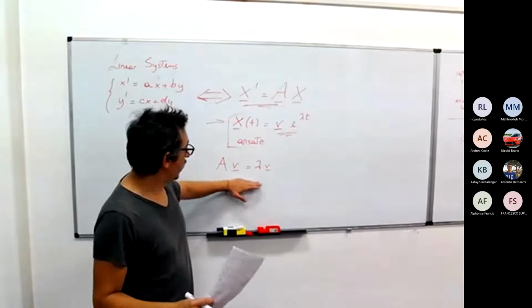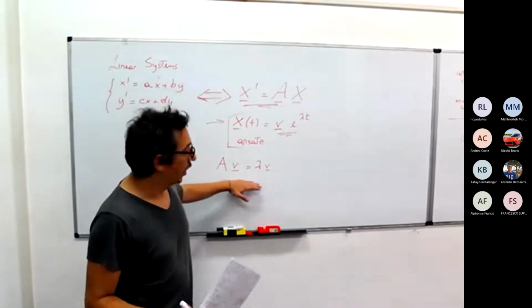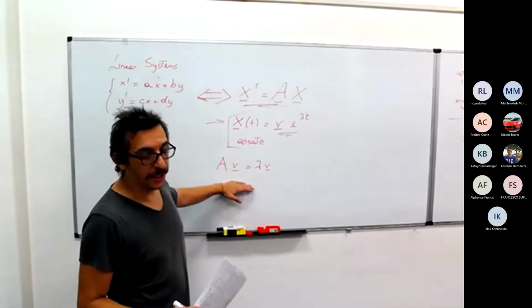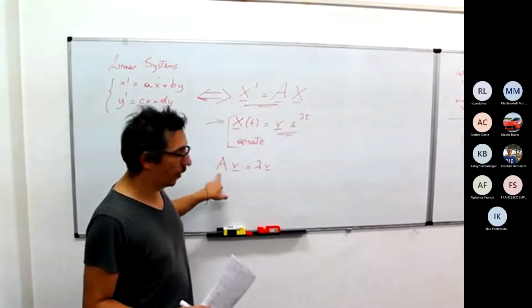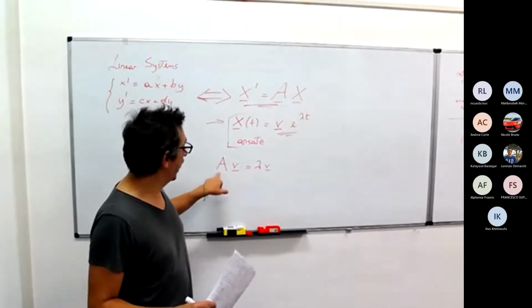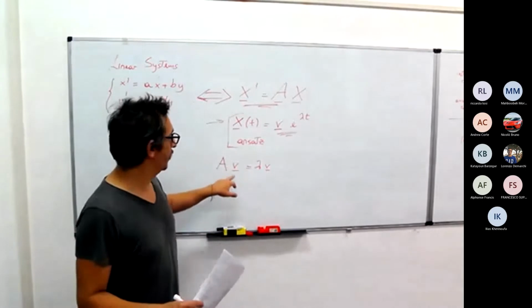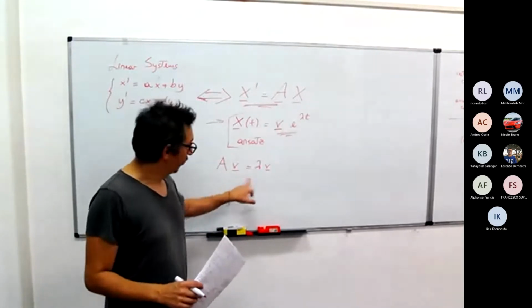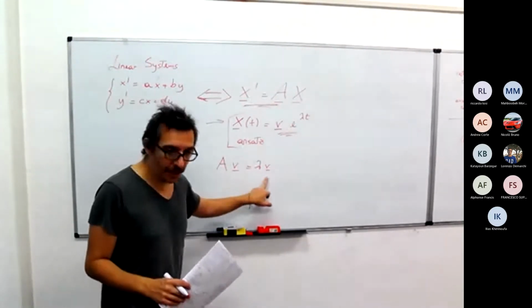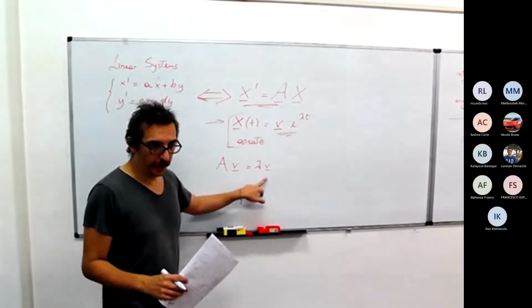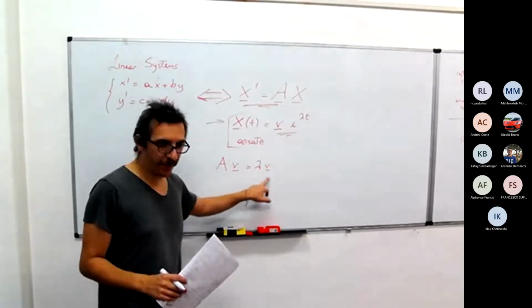So this is equivalent to the problem of looking for the eigenvalues of the matrix A and the corresponding eigenvectors B. So lambda are the eigenvalues and B are the eigenvectors. Why eigenvalues and eigenvectors?